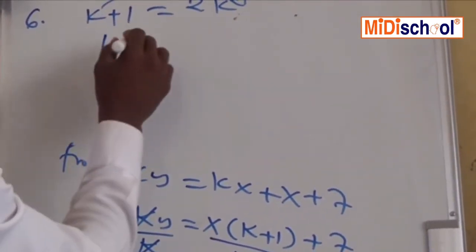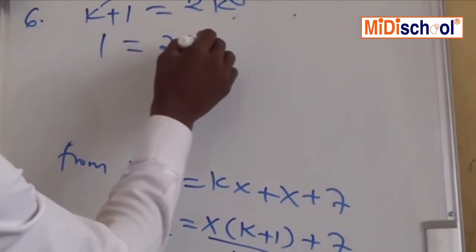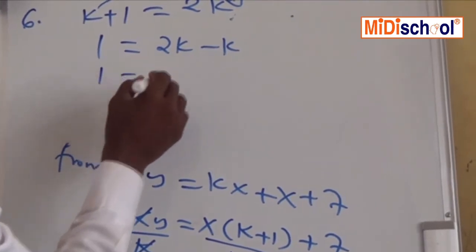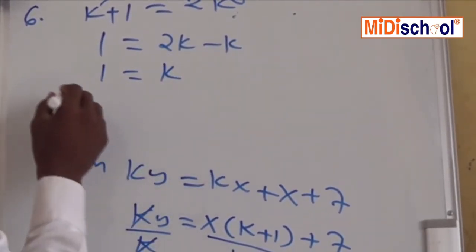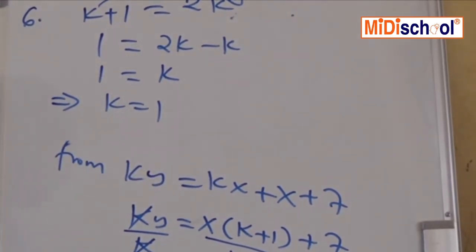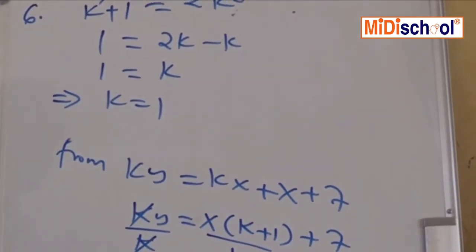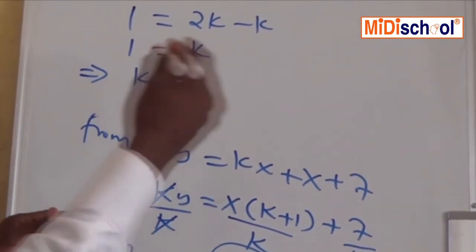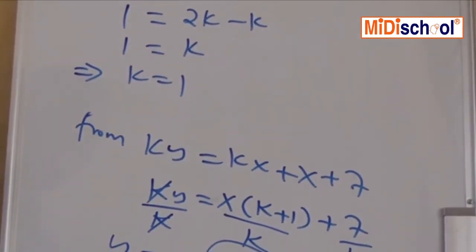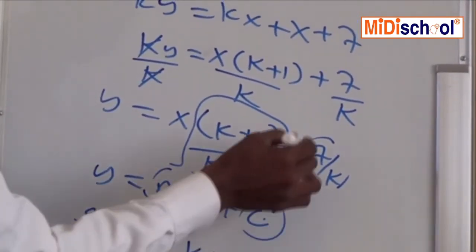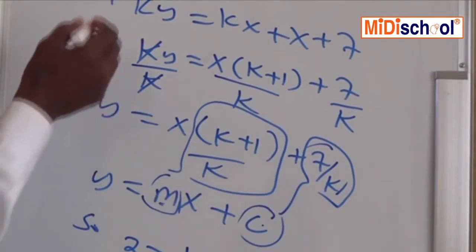So I'm going to remain with 1 is equal to 2k minus k, which means that 1 is equal to k. So k is equal to 1. Only that. So we have already obtained the value of k, but our question needed us to find the y-intercept. But remember, the y-intercept is equal to the value of c. But what is the value of c? Remember, the value of c is 7 over k.